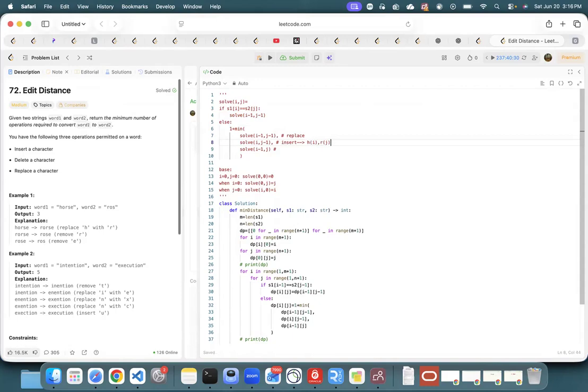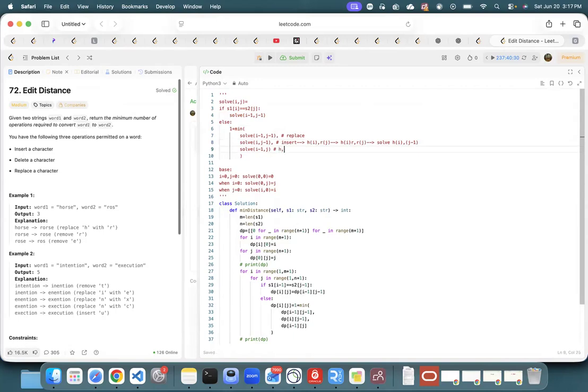Insert R, that will be H is again at i, but R and R, H is at j. We have to solve H, which is i, and then j minus 1.